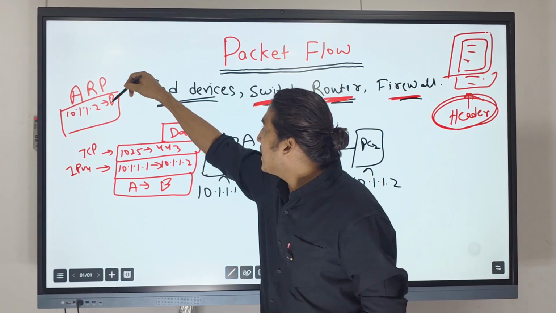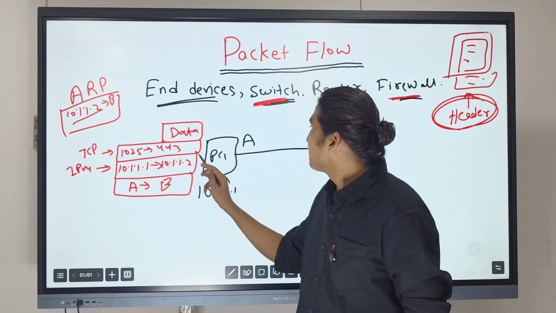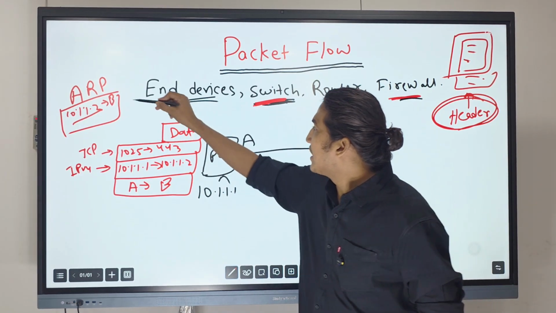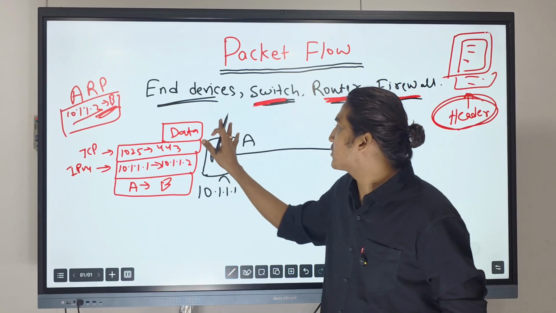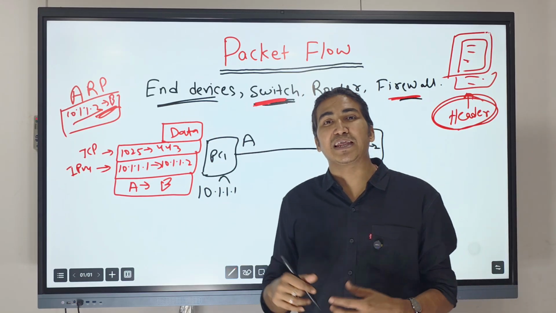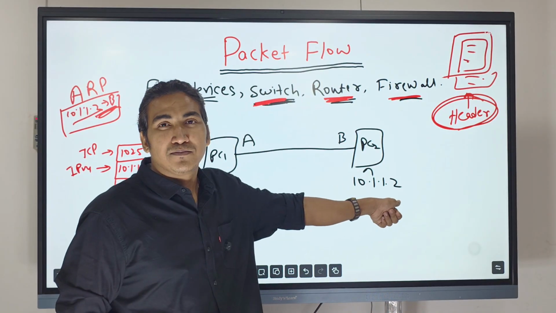But if there is no entry for 10.1.1.2 in the ARP table, then first PC1 is going to complete this ARP process. Your PC will put the actual data on hold and it will generate the ARP request for 10.1.1.2.